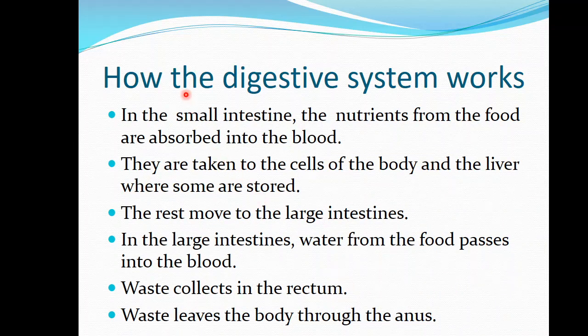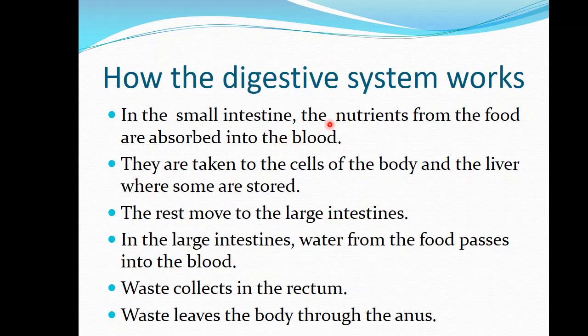We are still continuing with how the digestive system works. In the small intestines, the nutrients from the food are absorbed into the blood. Then they are taken to the cells of the body and the liver, where some are stored.